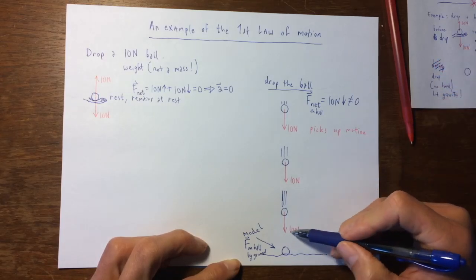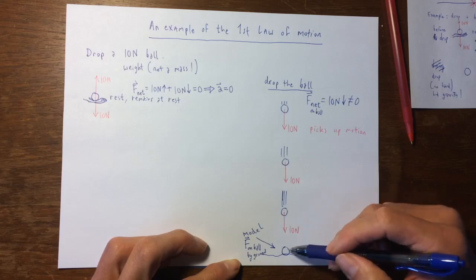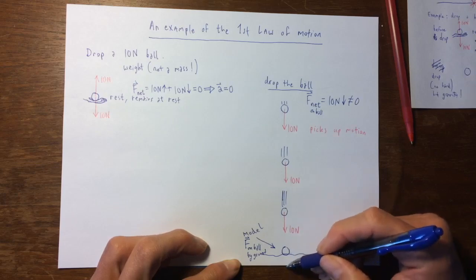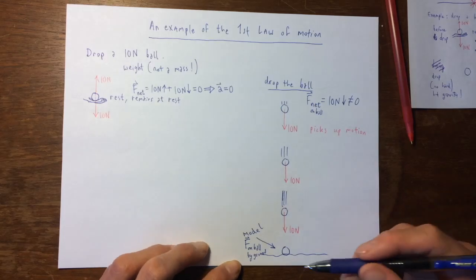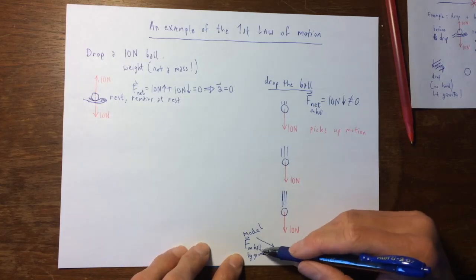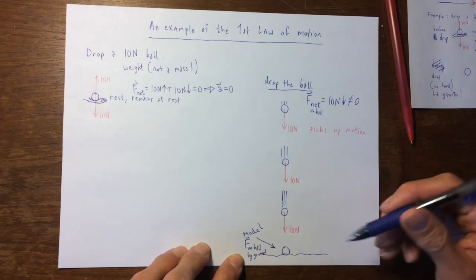This 10 newtons weight force is never going to change. It's always going to be this certain amount of weight. So that 10 newtons of force downwards is going to be constant all the while the ball is hitting the ground. But the force by the ground on the ball could be very, very large.